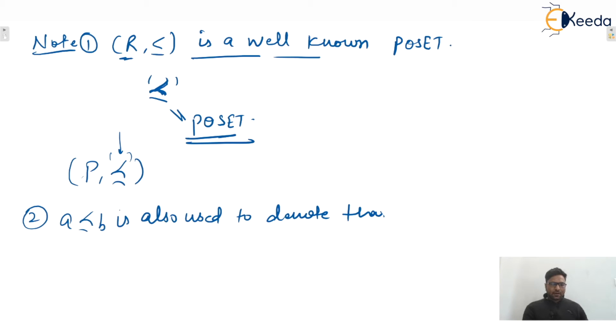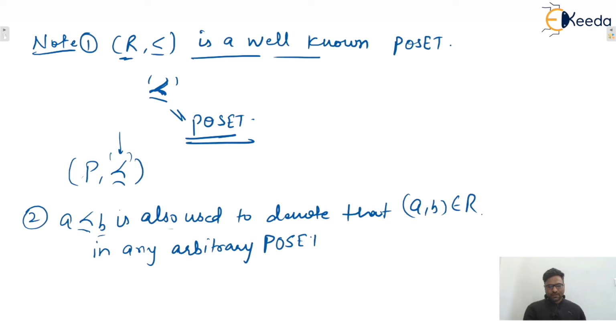Here, this particular sign, A less than or equal to B, is also used to denote that (A, B) belongs to relation R in any arbitrary poset (S, R). Yes, that is the meaning of this particular sign.